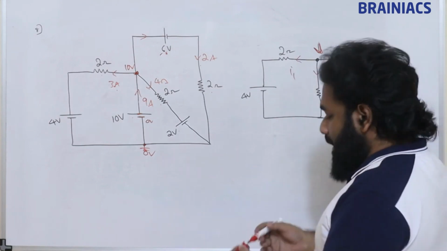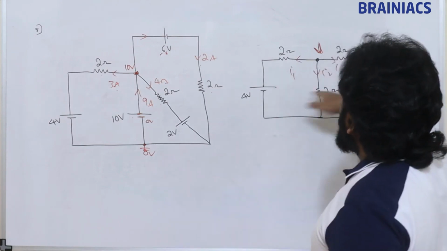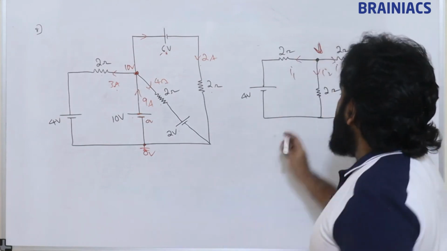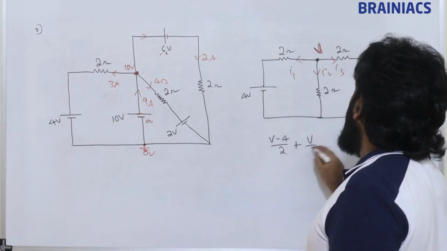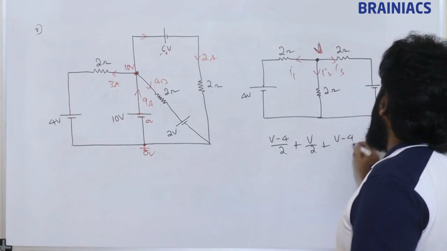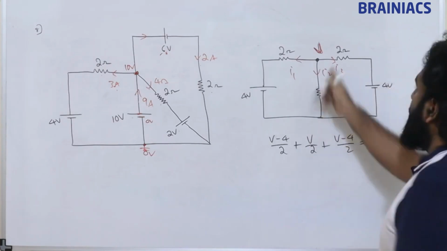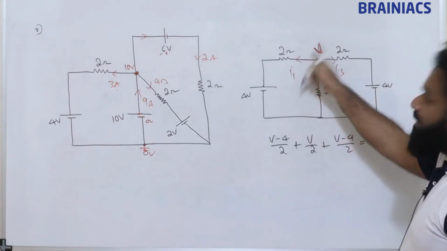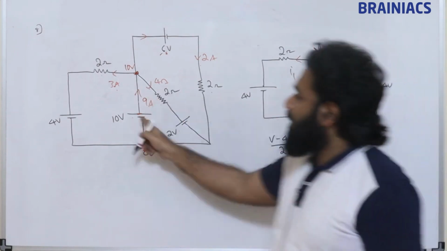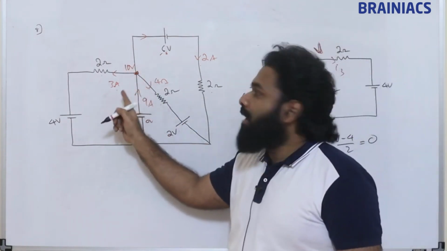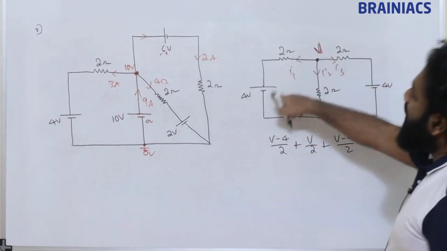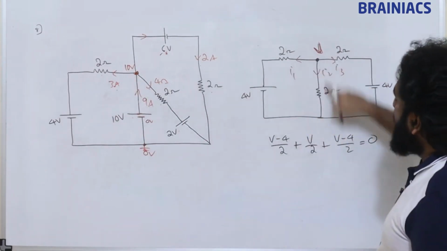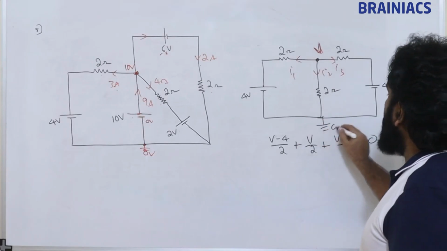We can write it this way: (V minus 4) by 2 plus V by 2 plus (V minus 4) by 2 is equal to 0. Consider this as ground, so V by 2.